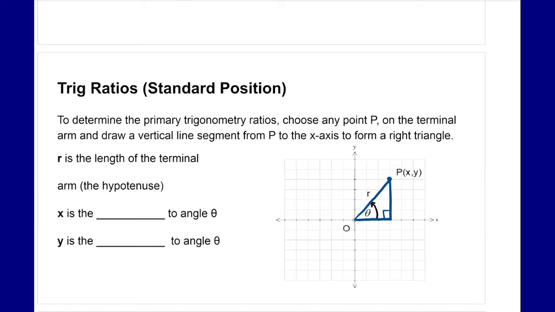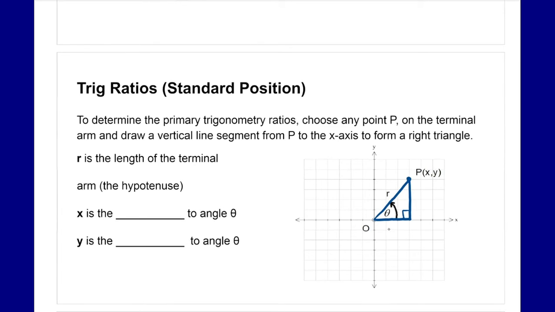So if I look at x, where would my x value end up being? Well, x represents the horizontal shift, so that's x, that's y. In relation to my angle, which is always going to be in this position when we're dealing with standard position, x is then going to be adjacent to my angle.